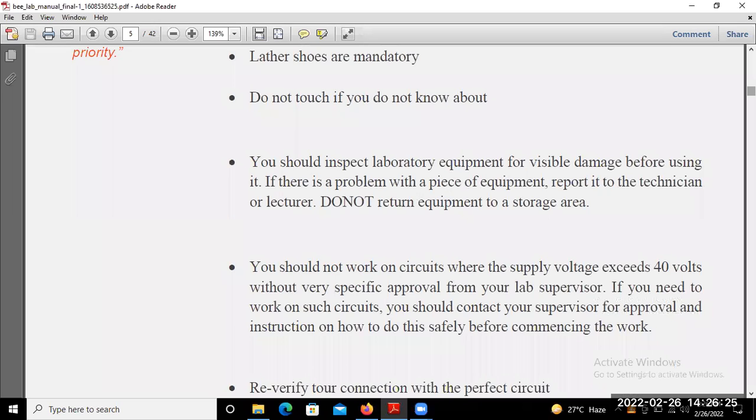If you need to work on such a circuit, you should contact your supervisor for approval and instruction on how to do this safely before connecting the work.